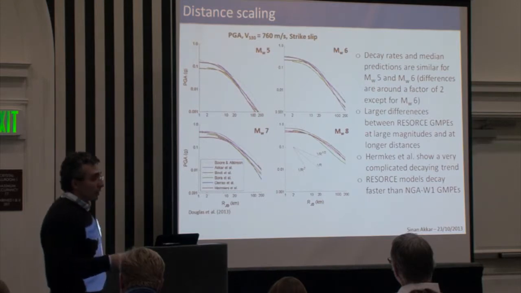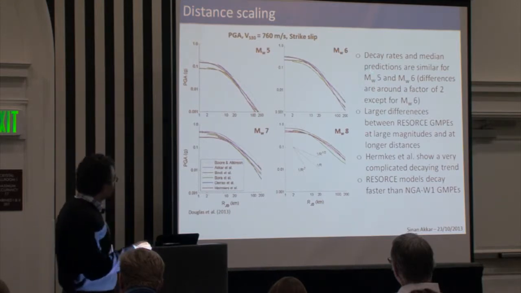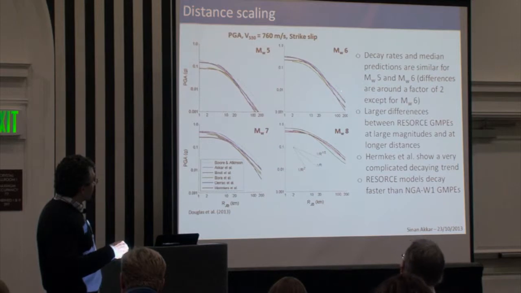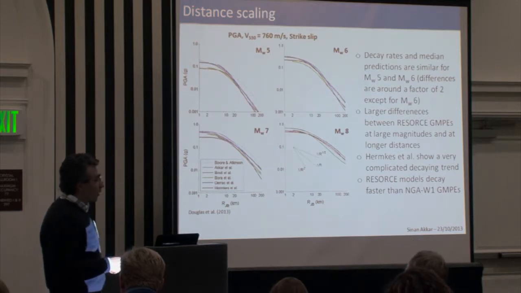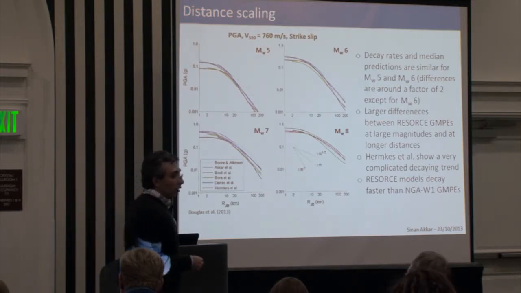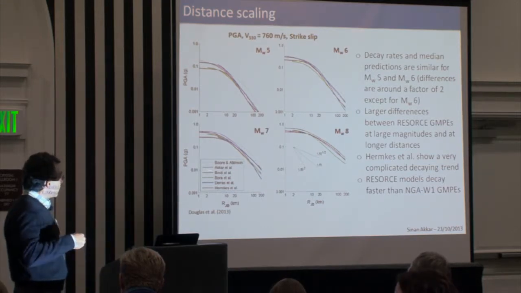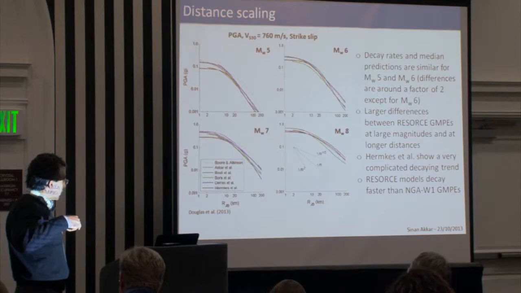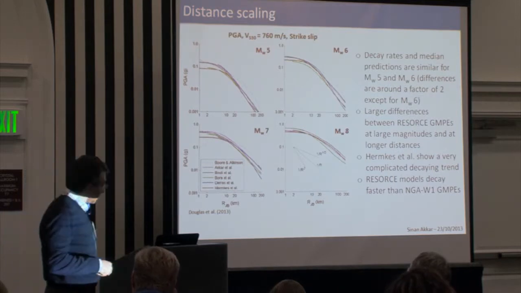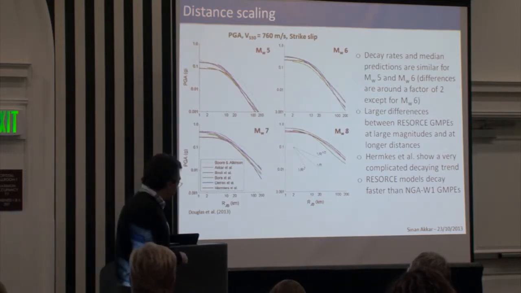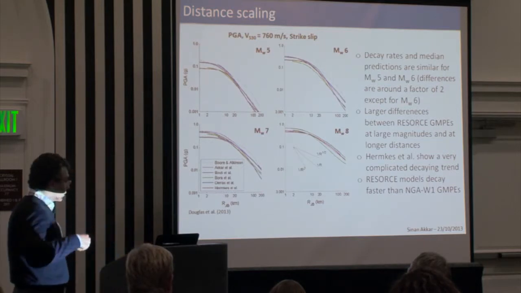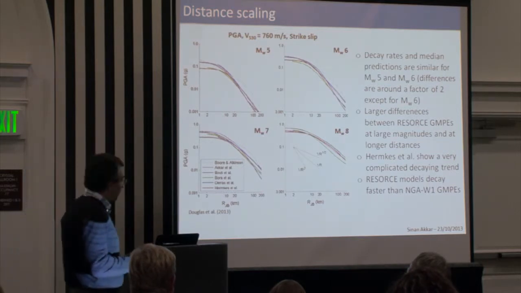And also, in these comparisons, though it's not very clear here, the gray dashed curve shows the behavior of the Boore-Atkinson 2008 model. These plots I'm showing you are from Douglas et al., which is going to be published in the same special issue.